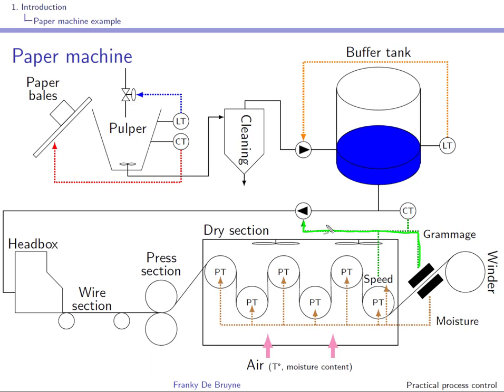Now the distance between the headbox, and this is where you're influencing the grammage, and the place where you're measuring grammage, so that's at the scanner, this distance is approximately, let's say, 500 meters. Okay, so there is a huge dead time with respect to the main time constants of the process.